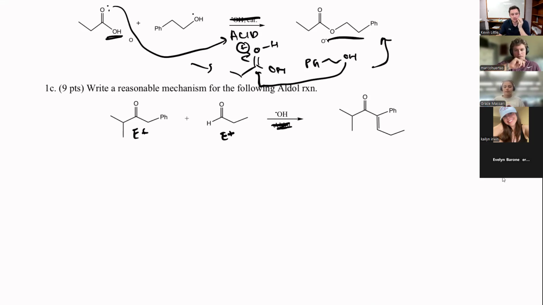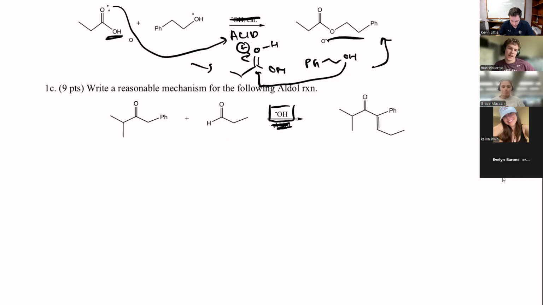So now I'm stuck. What do I do? Make something a nucleophile. What is that? A base. Do I have any acidic protons in this picture? A few of them. Which ones?